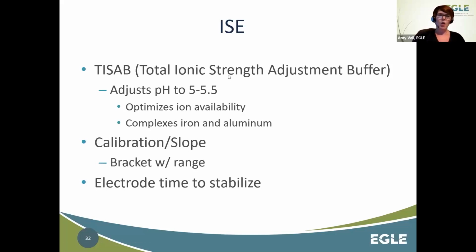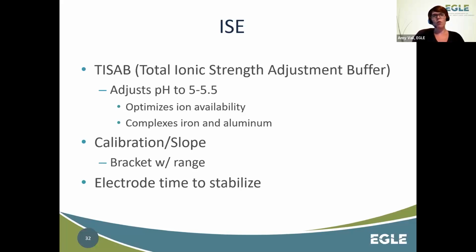But it pretty much just adjusts the sample. It changes the pH. It makes the ions available to be read by the probe very easily. It complexes with things that might interfere with the method, but that is required per the method. As I talked about with other things, you want to calibrate your electrode and bracket with the range you're going to look at.